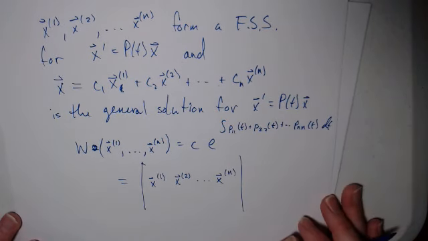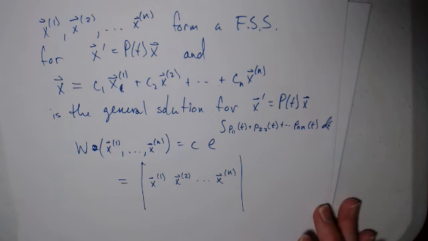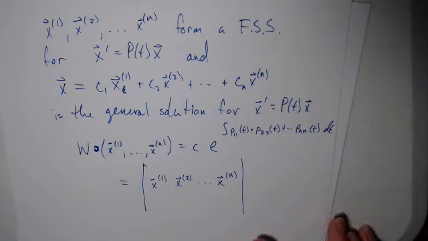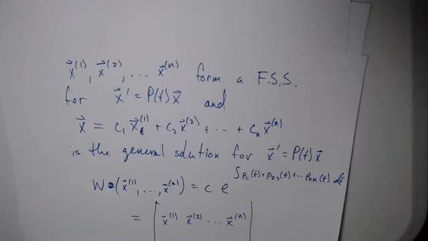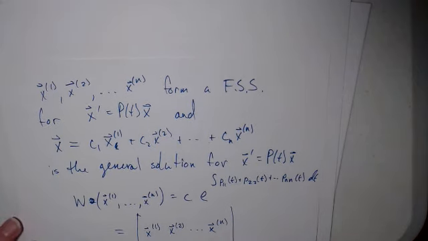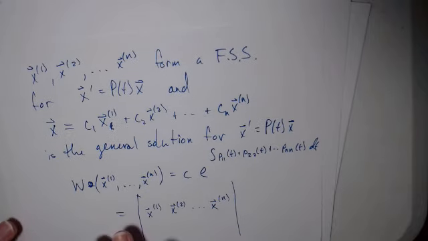We take that determinant. So either way works. My preference is for the determinant form. I mean, they're fine. We have a formula for each. I'm just more used to working with them in determinant form.